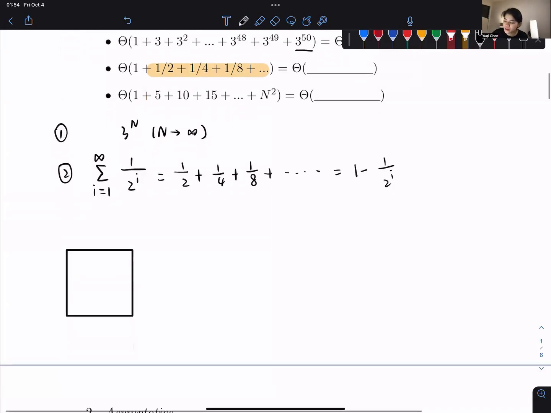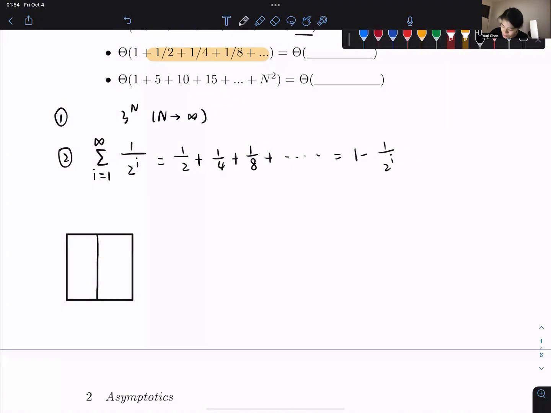You can think of a square whose area is 1. Imagine we have a square S and the area of S is 1. We cut the square into two halves, so we have 1 over 2 for the left part, and we keep cutting the rest into halves, so we have 1 over 4, then 1 over 8, 1 over 16, and we keep doing that.